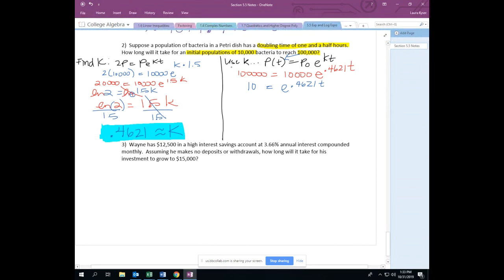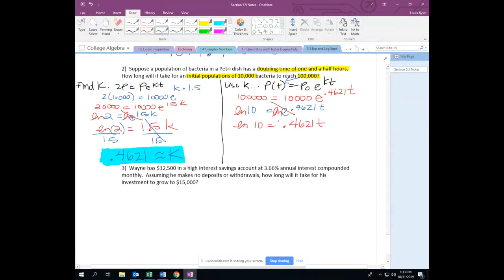Again, I have to natural log because I'm dealing with E. We'll cancel. ln 10 equals 0.4621 T. And then just like before, I would divide both sides of this by that decimal. Divided by 0.4621.